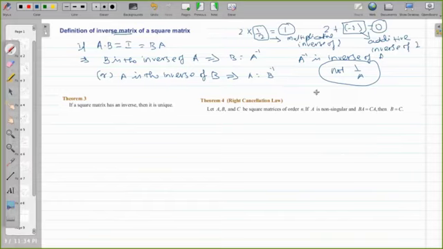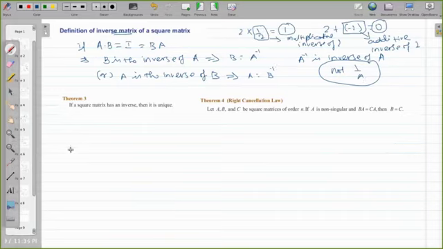A inverse does not mean 1 by A. A inverse is just the inverse of A only. Okay, children, so try to understand this. For numbers, we say minus 2 and 1 by 2. It is for the number, but for the matrix, we represent only the inverse symbol, that is, power minus 1, but it is not equal to 1 by A.